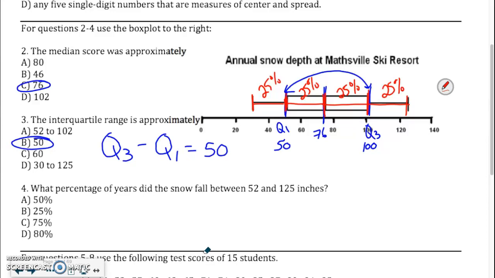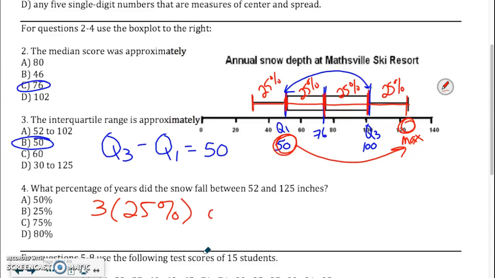And we are looking at about 52, so somewhere around here, quartile 1, to 125 inches, which is up here where the max is. So how many 25% chunks do we have? We have 3 of those 25% chunks, or we have 3/4 of the 4 parts of the box plot. Letter C is your answer.